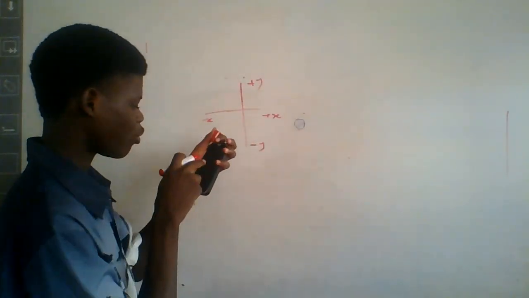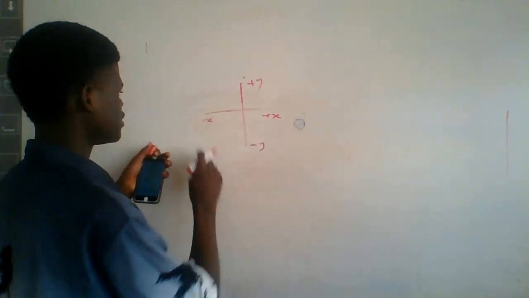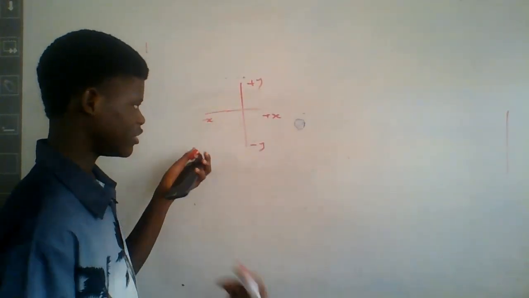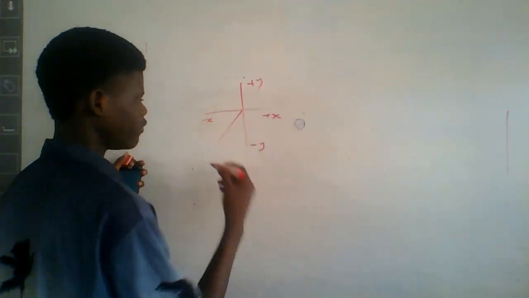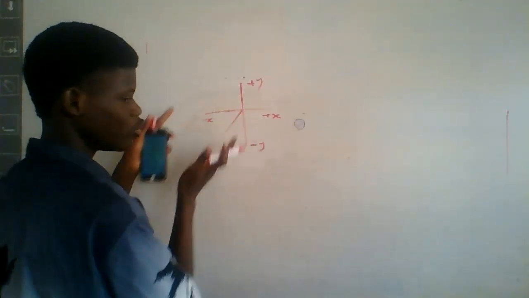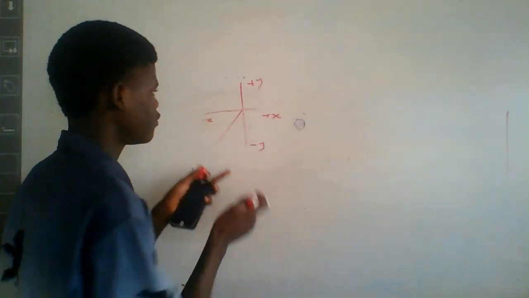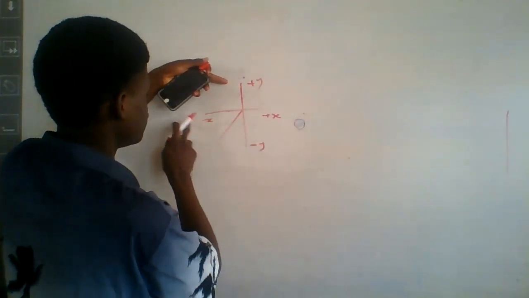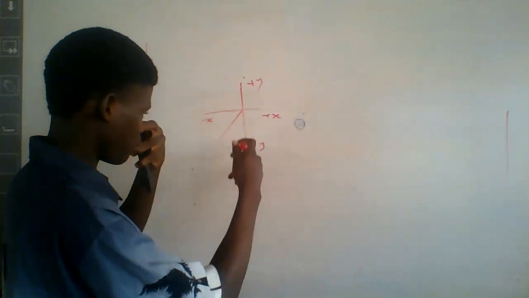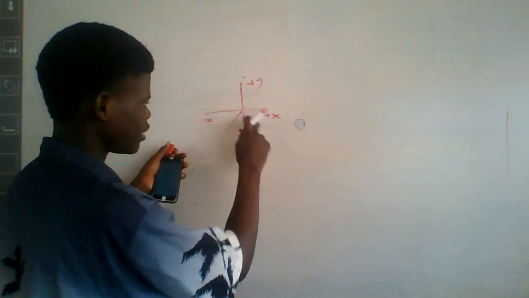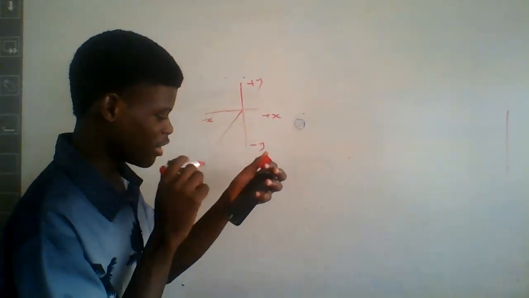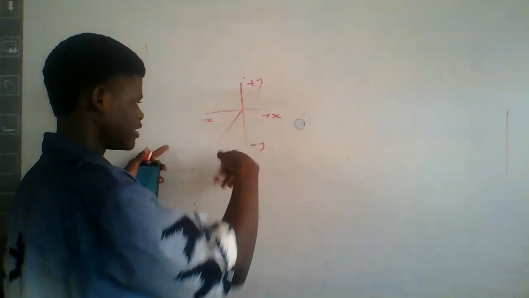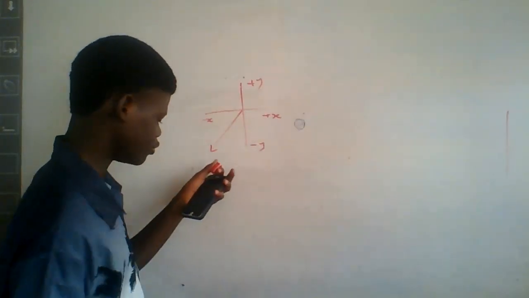If the x axis is negative and the y axis is negative, then the resultant will always lie between the vectors. If it's positive, negative, it lies in this direction. But the question says both components are negative, so this will be the resultant.